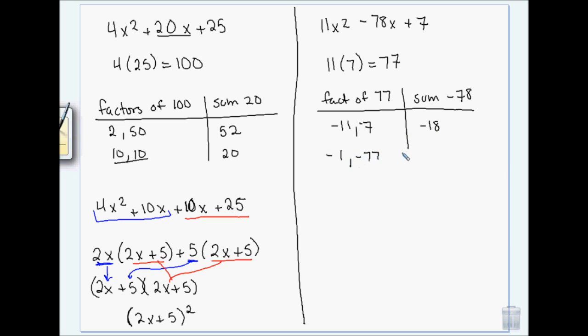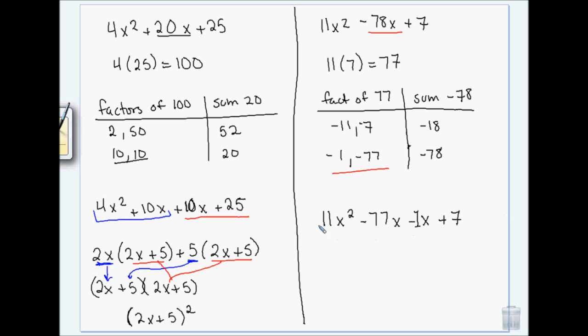Or if I do negative 1 and negative 77, that gives me negative 78, right? So I have to replace the negative 78 with negative 1 and negative 77. I'll just put the 1 in there.